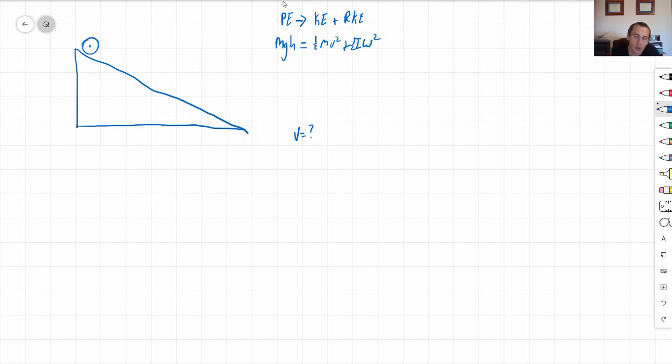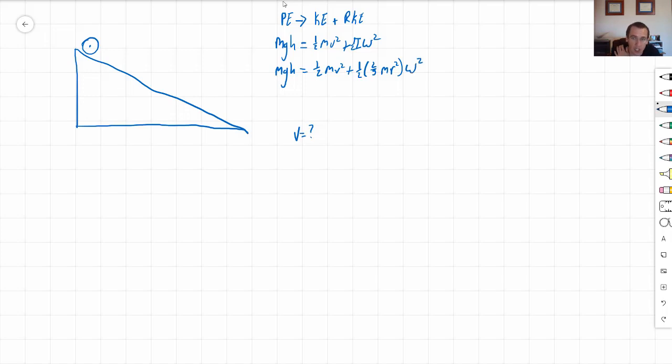And so we need the moment of inertia of the sphere, and then we can continue. So mgh equals 1/2 mv squared plus, and we're going to put the axis of rotation through the center of mass of the sphere, and so that of course means we're going to have 1/2 of 2/5 mr squared, because the moment of inertia of a sphere is 2/5 mr squared, omega squared.